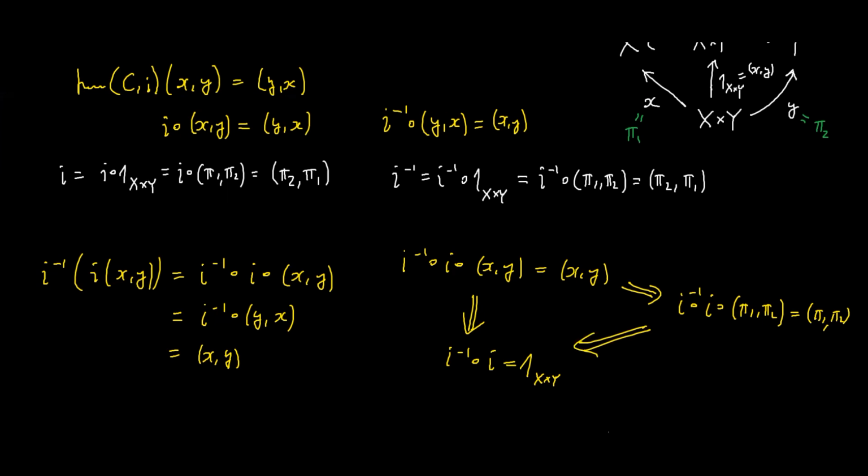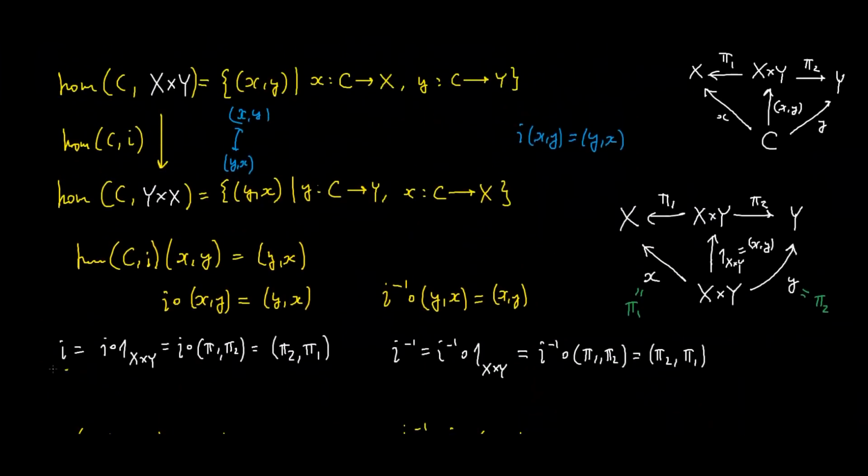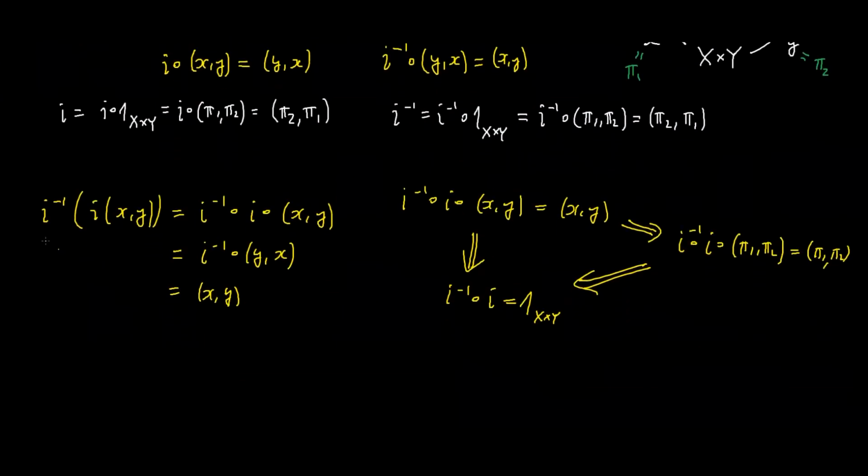So not only the language of generalized elements led us to actually identifying a candidate for an isomorphism in the abstract category, but it also led us to proving that it's an isomorphism. Of course, we need to do the other way around as well to prove that I with I inverse will be the other identity, well, the same identity, but that will follow exactly the same picture as this one.